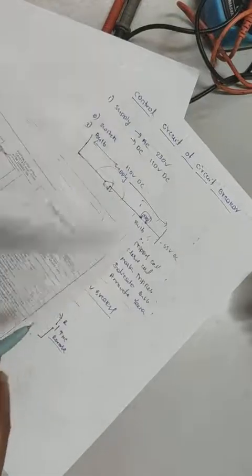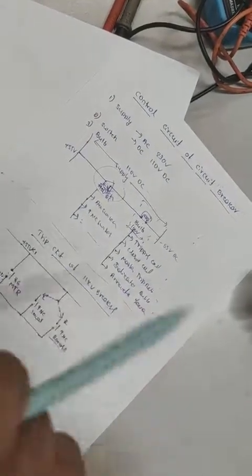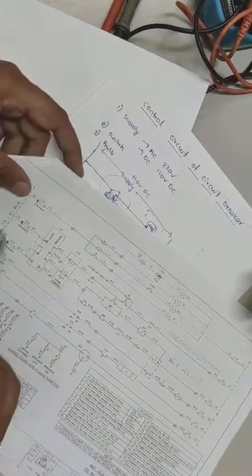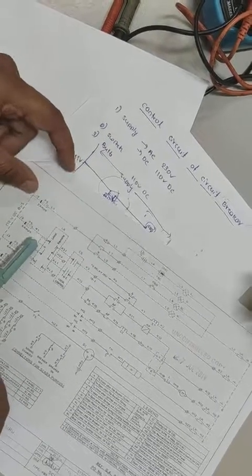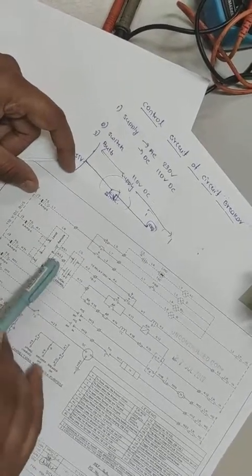So let's go to the tripping circuit. Again here same K1, after fuse K1, and then this is the local remote switch.